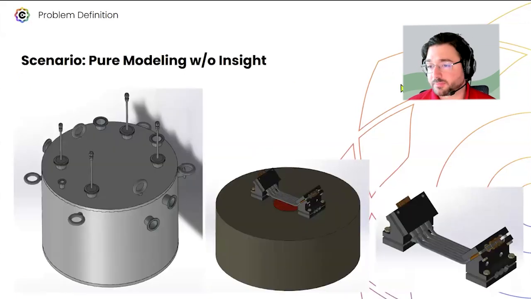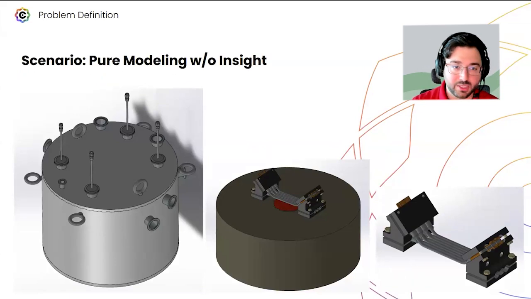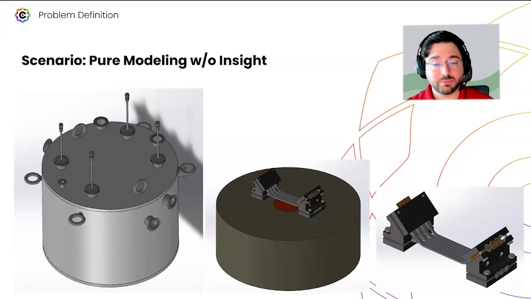So I want to introduce a problem that I run into commonly if I'm joining a team as just a pure modeler. I haven't been a part of the design, and I'm just coming in to do simulation work and get a team off the ground and get them working.